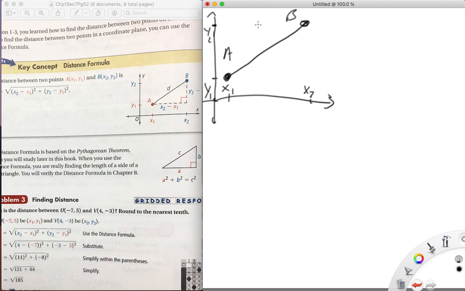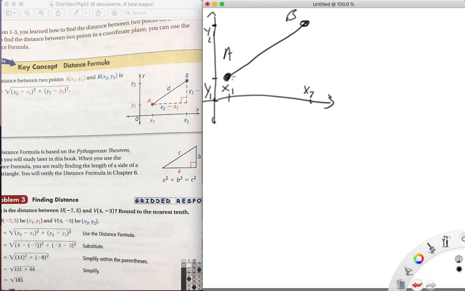Alright. So when we find the distance formula, we're going to use the distance formula that we already discussed before, which was the absolute value of the difference between the two, x2 minus x1 absolute value. But it's going to be a little different. We're going to use the Pythagorean theorem.